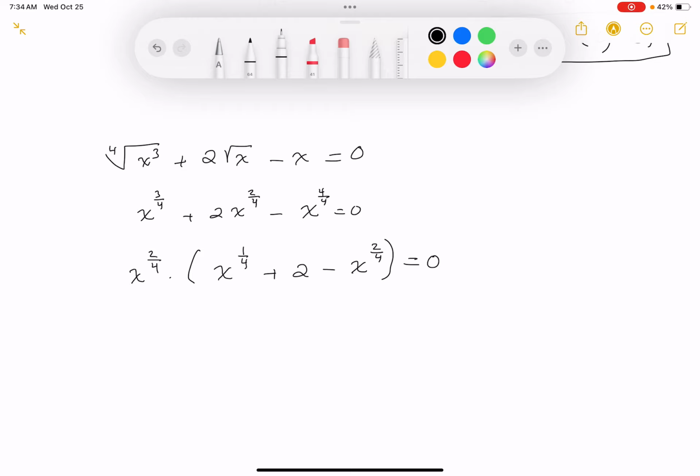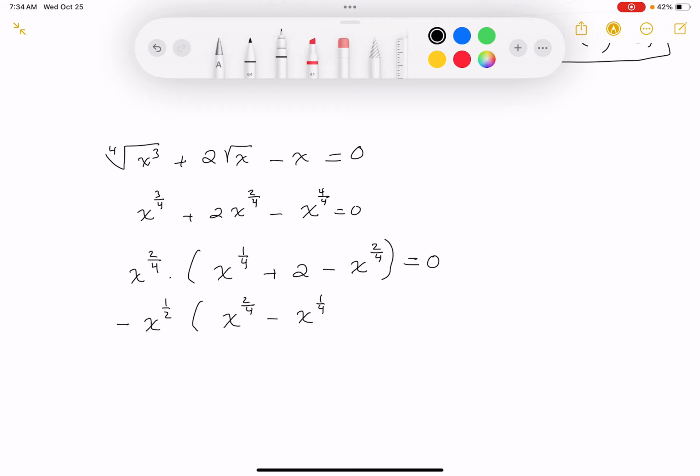All right, let me keep going. I'm going to rearrange this a little bit, slightly disturbing the order. So I'm going to say minus x to the 2/4, which is just 1/2. And then you're going to get x, I'm going to still use the 2/4, by the way, minus x to the 1/4.